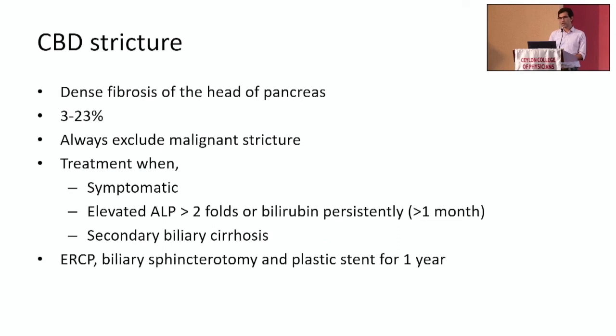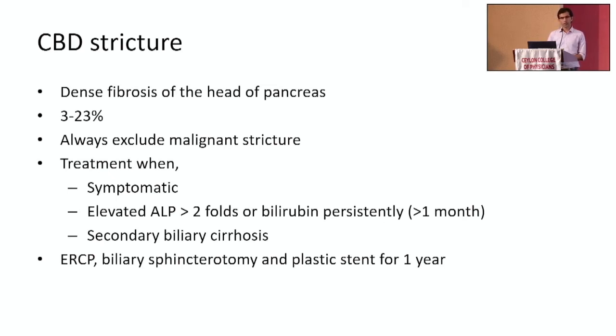Common bile duct strictures are due to fibrosis involving the pancreatic head, and it is important to exclude a malignant stricture in these patients. So taking brush cytologies and repeat imaging with MRCP is important. Not every stricture needs treatment; treatment is indicated only if they are symptomatic.